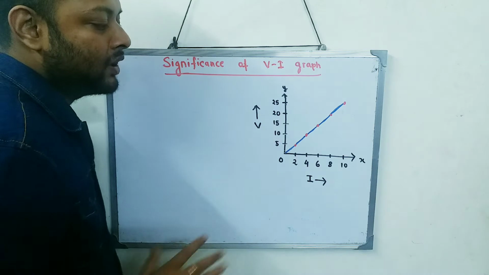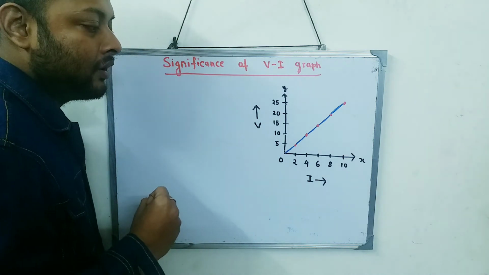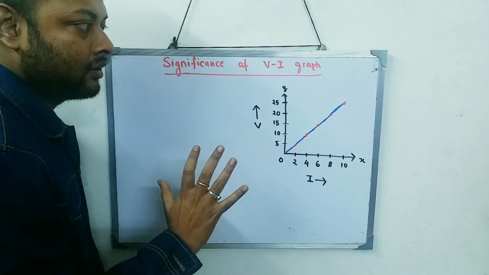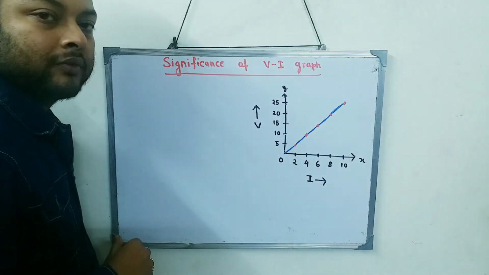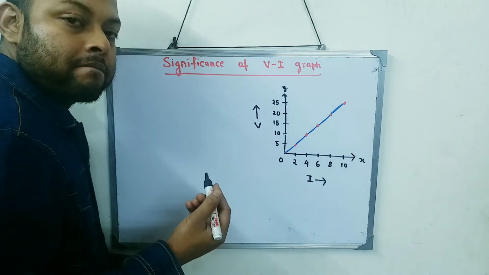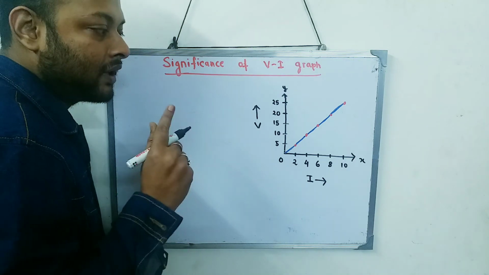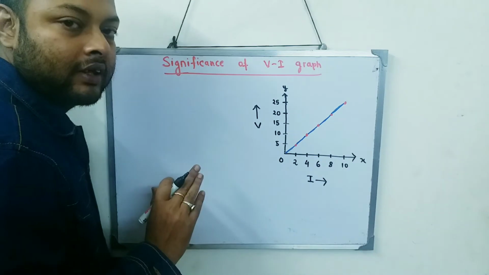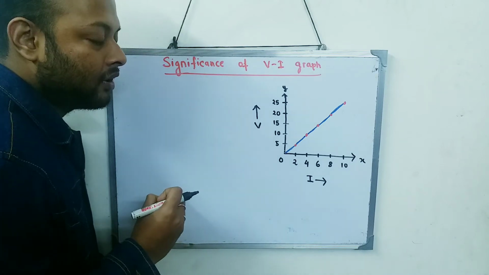So we have taken one small example. Now someone has given this graph to me and asked me to calculate the resistance from this graph. Can we calculate the resistance from this graph? Yes, we can calculate the resistance of a conductor from the given graph. So how are we supposed to get the resistance?